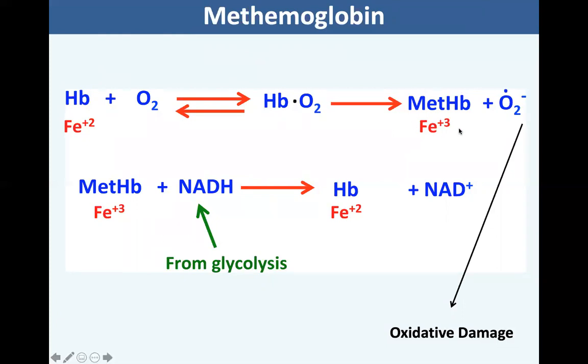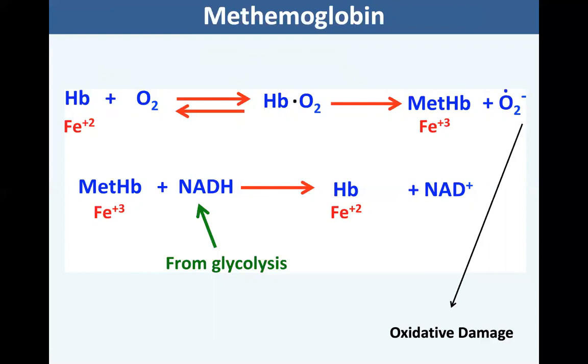It's unstable and it won't deliver it. So the cell has evolved a mechanism where the glycolytic NADH is actually used to reduce it back. So people that have Fe+3 have a condition called methemoglobin, okay? I don't know why it's called methemoglobin, to be honest with you, but it's the +3. It does not deliver oxygen at all.